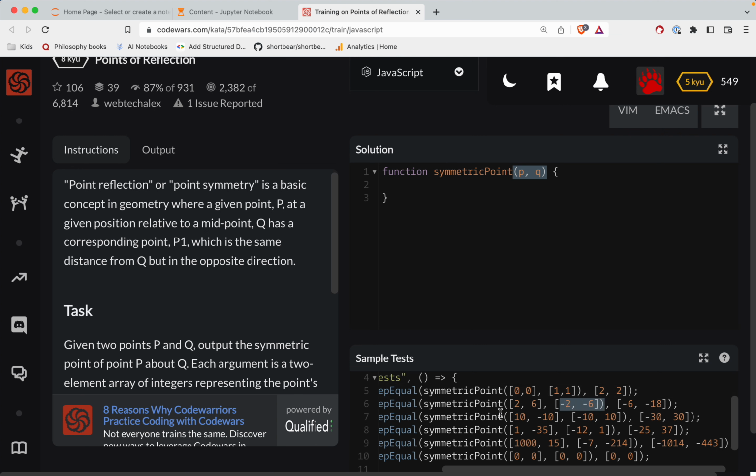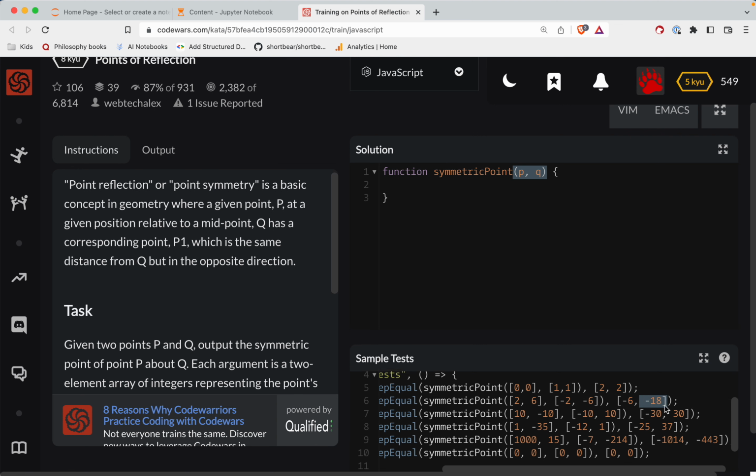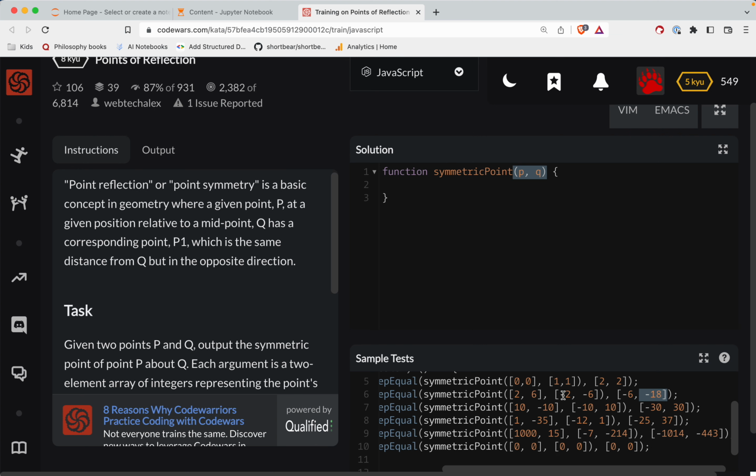So 6 back to 0, then to -6, and then we add 6 more to that. Oh, I see, it's 12. The distance between this one and this one is 12, so you add another 12 to that. The distance between this one and this one is 4, so you add 4 to the other side, because this is your point, this is the midpoint, so you've got to figure out what's on the other side of that midpoint. Whew. Math is hard, man.